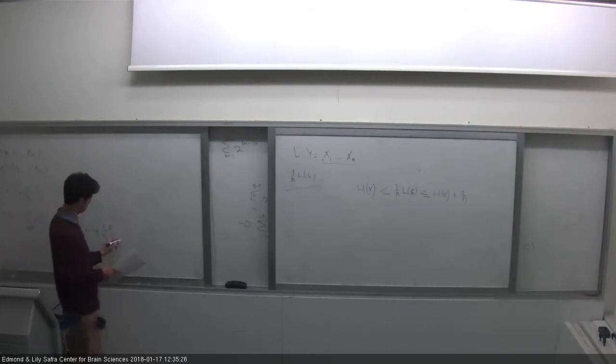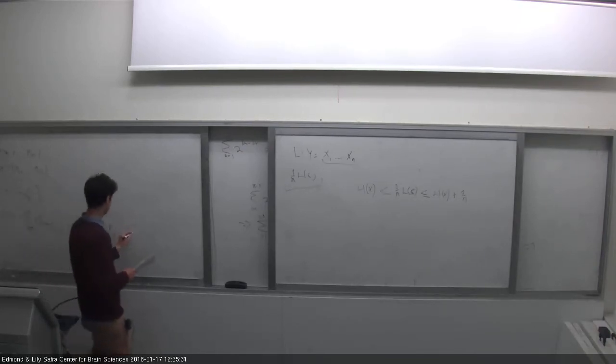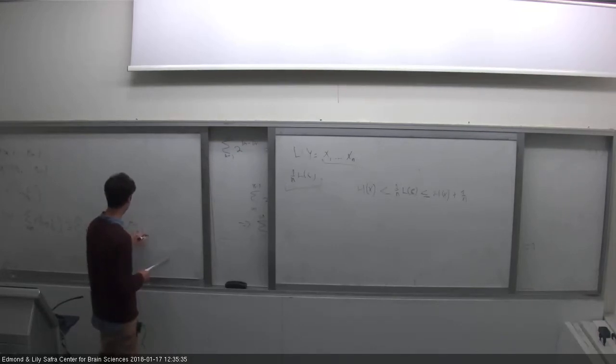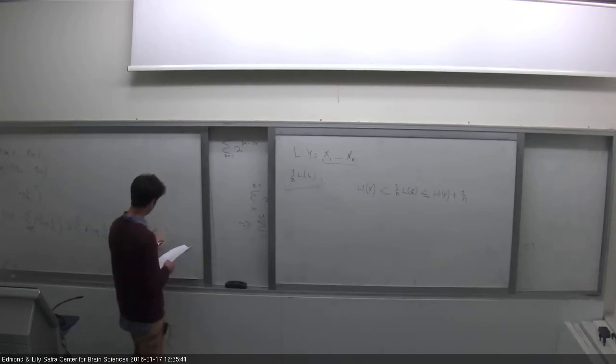And now let's write it: Pi log of Pi divided by Qi, times 1 over Pi.